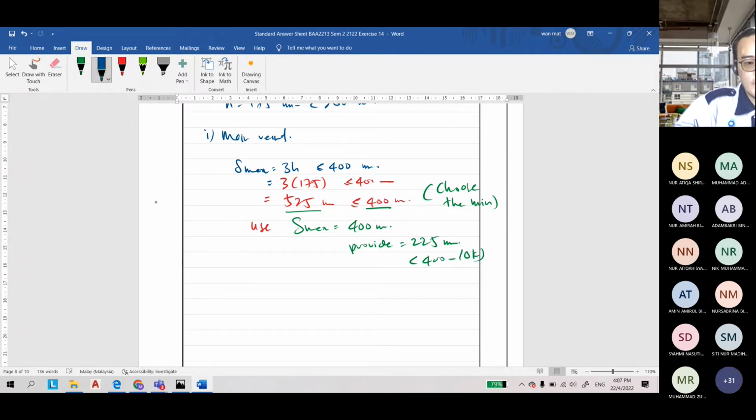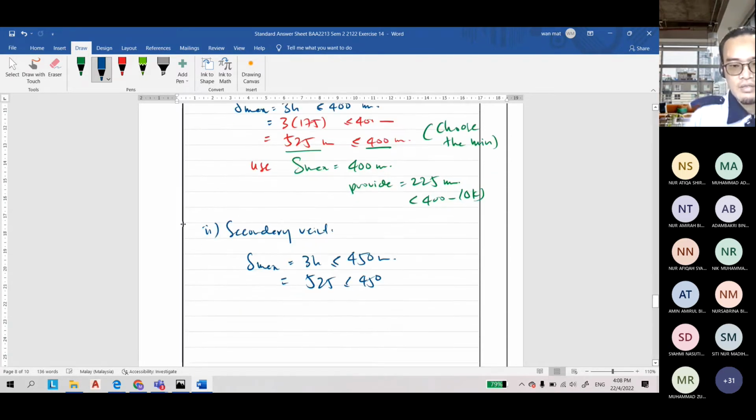And then you check for secondary reinforcement. S maximum equal to 3.5H, but this is limited to 450, so it is 612.5 but limited to 450.